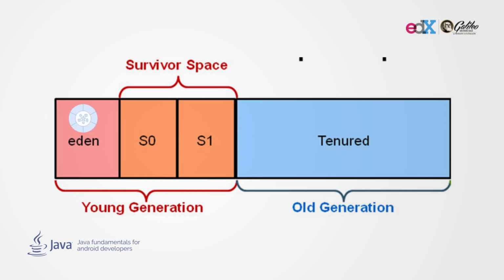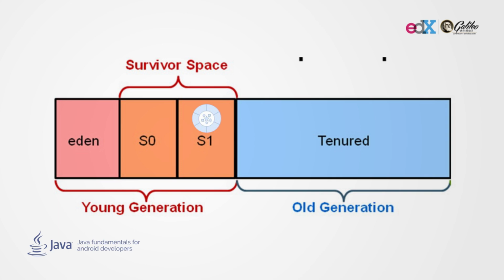No. Okay, we put it in the first survivor area. If the garbage collector runs again and sees the object is still referenced, it takes this object out of the first survivor area and puts it in the second area. What happens after if the object is not referenced anymore? The object is eliminated from the heap space.